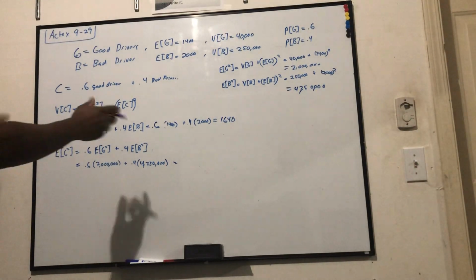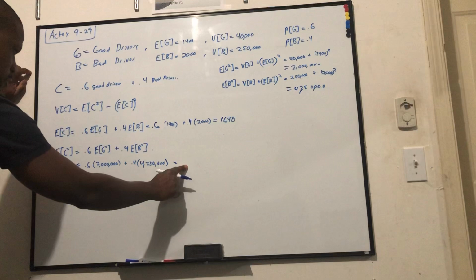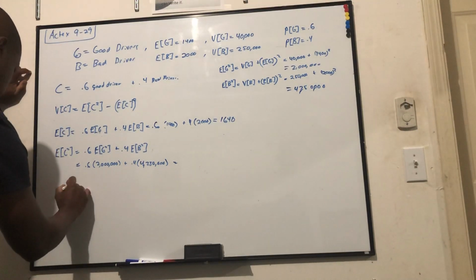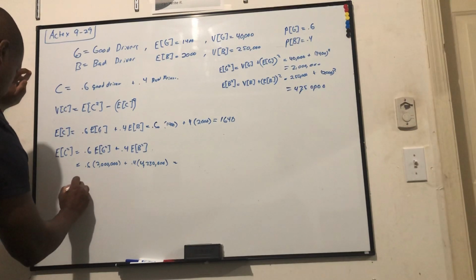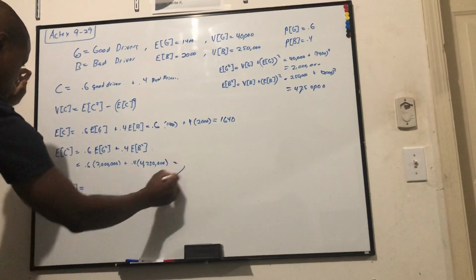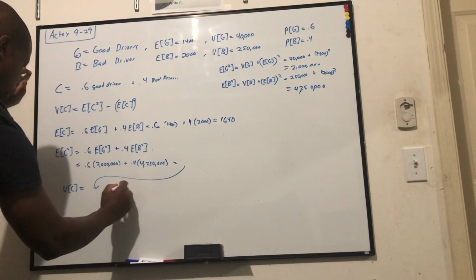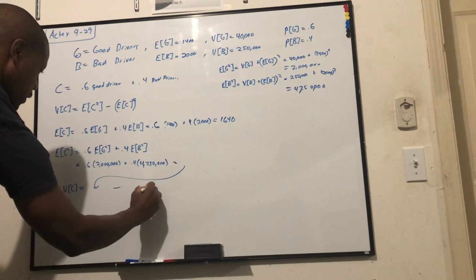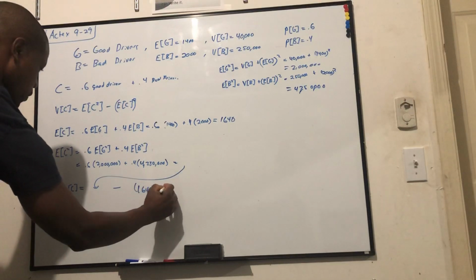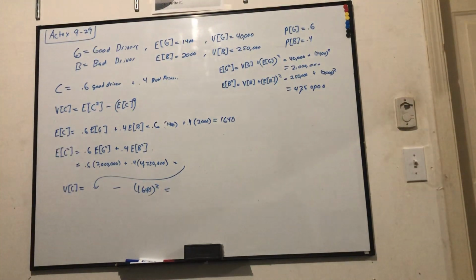Because I'm going to do this all on the calculator, I don't want to waste too much time. We'll throw it all back in to find the variance of C, which is this number here minus this number here squared. All right, here we go.